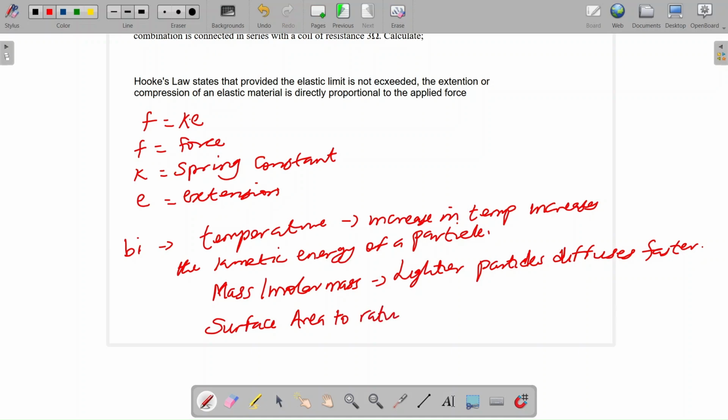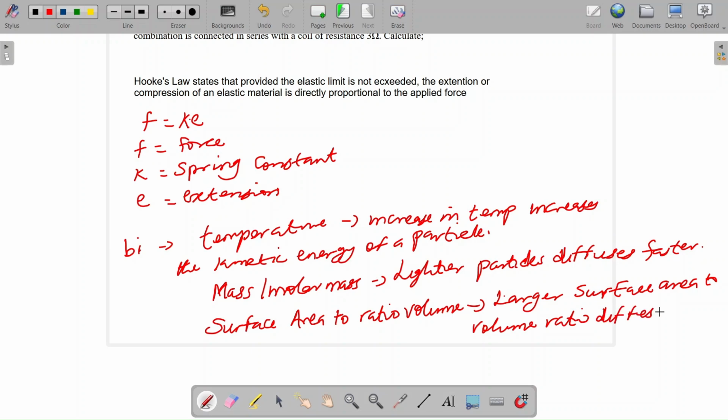So this implies that if you have a larger surface area to volume ratio, it diffuses faster than a lower one. Yeah, so that is another one.